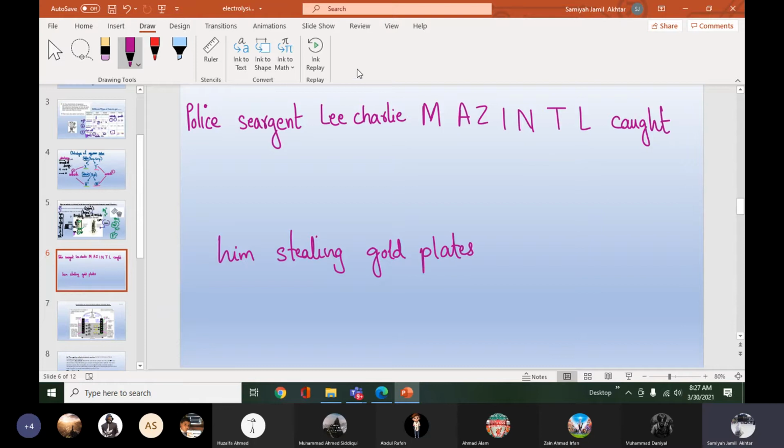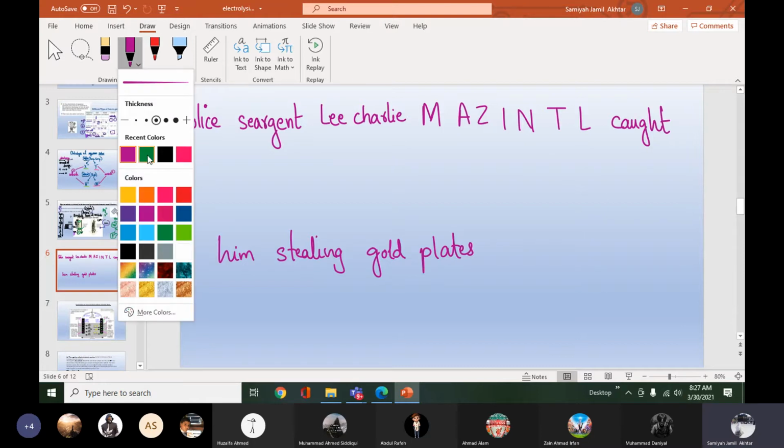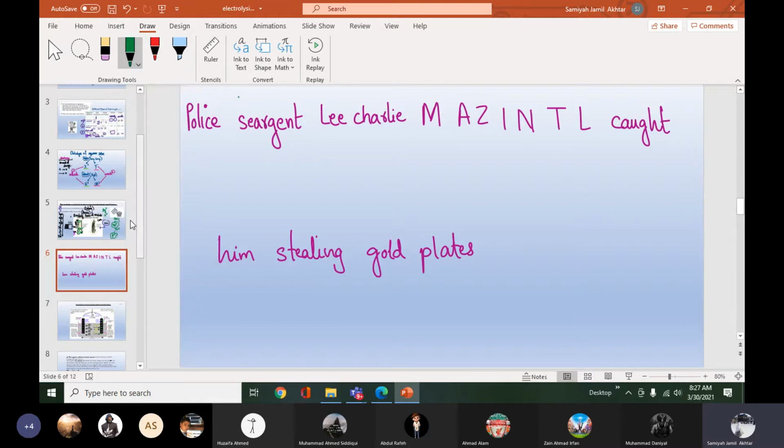This is a line to remember the order of the metals. From police, it's K positive, potassium. From sergeant, it's Na positive, sodium ion. Lee.